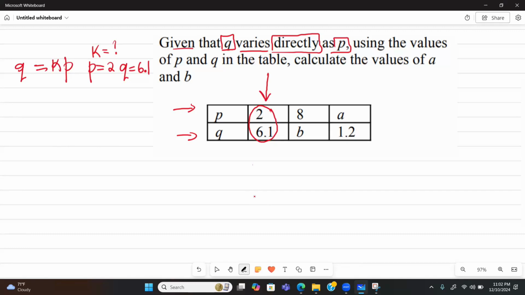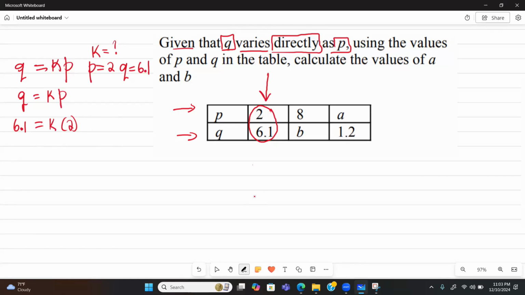Now, remember, we're going to substitute in the formula q is equal to kp. So wherever we see q, we're going to put 6.1, and that is equal to k, which we do not know, times p, which is 2. So we just substituted 2 for p and 6.1 for q.